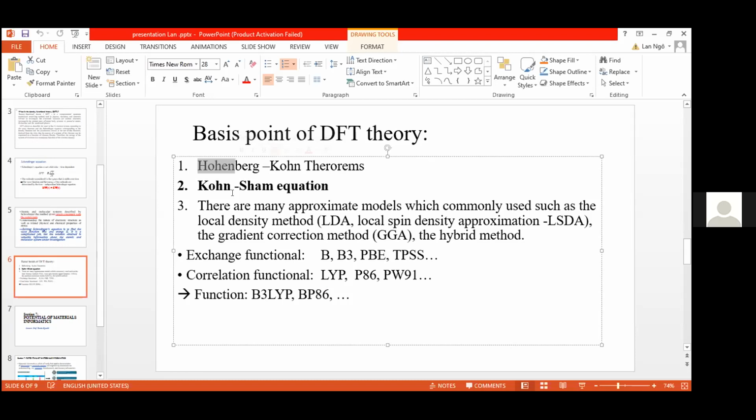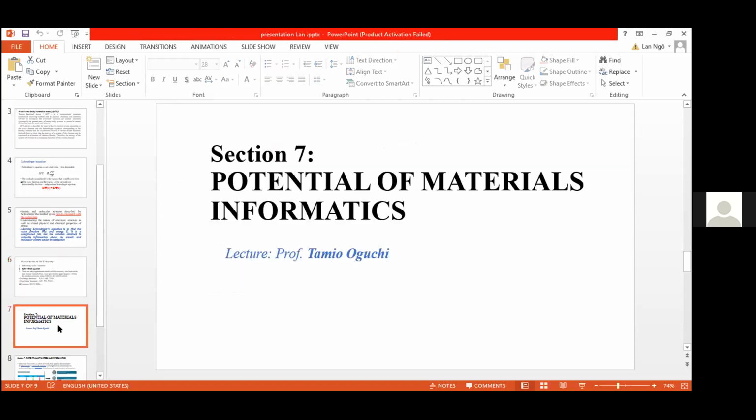By combining the exchange functional and correlation functional, we can choose the functional to apply the DFT method. And in session 7, I would like to tell about the potential of materials informatics.